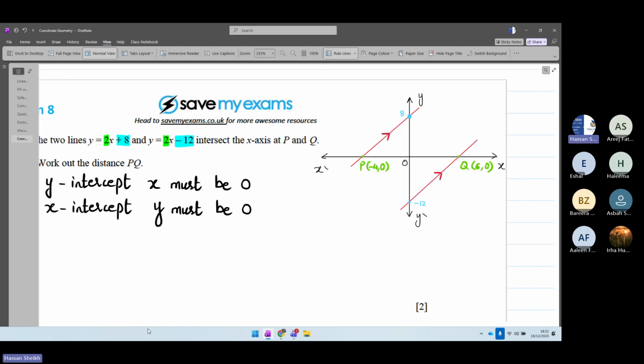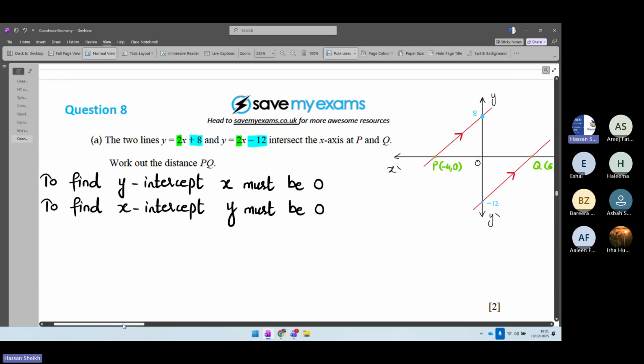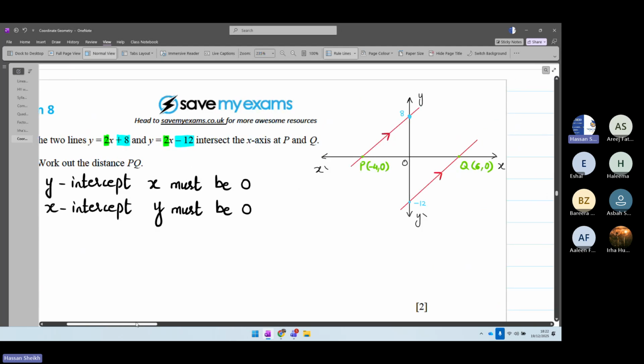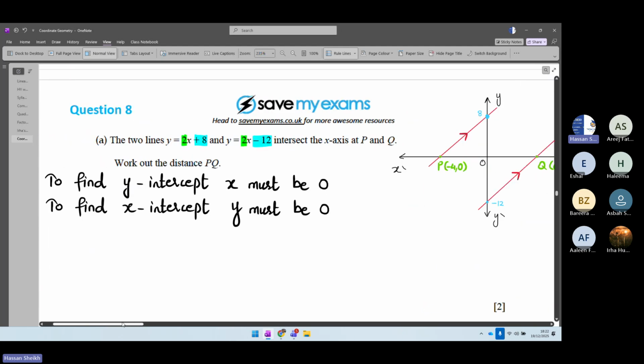How do I get to know that they intersect the x-axis and that the point is minus 4 comma 0? Do you agree that to find the x-intercept I substitute y as 0 and to find the y-intercept I substitute x as 0? Is it correct? Yes.